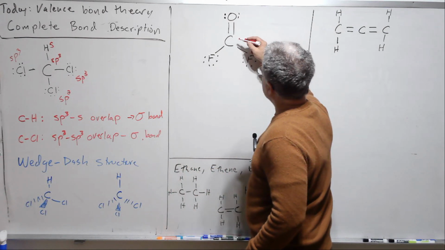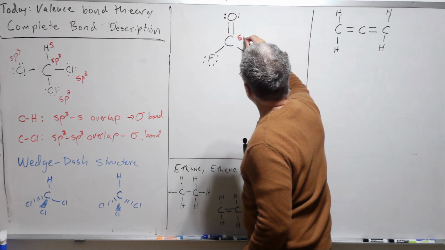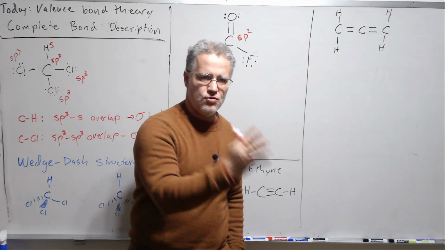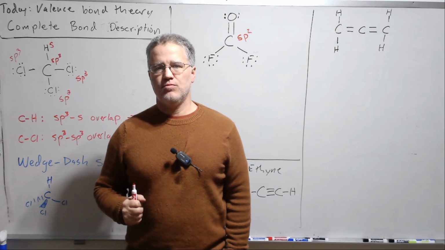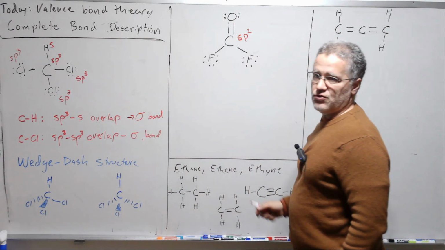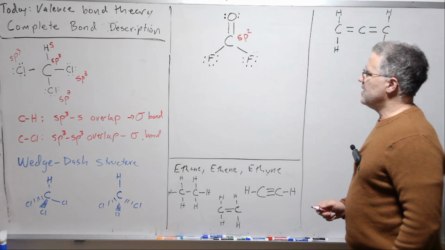So let's get the central atom. 3 sources of electron density. So that's going to be an sp2. So again, 3 sources of electron density, boom, automatically trigonal planar, and boom, automatically sp2 hybridized. Just boom, boom, boom. You can get that right away.